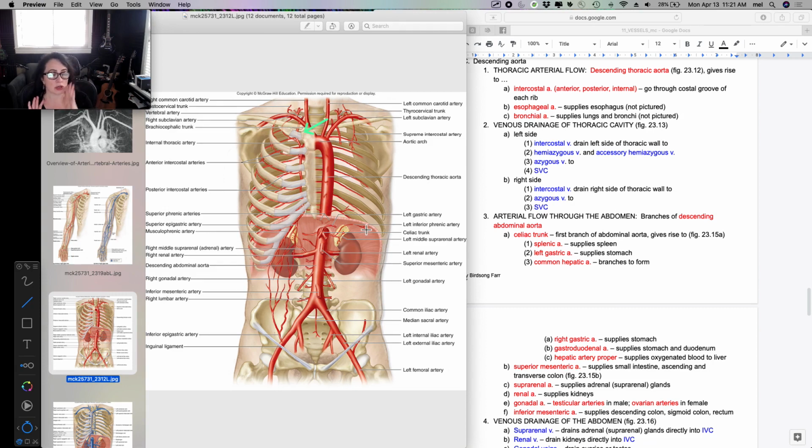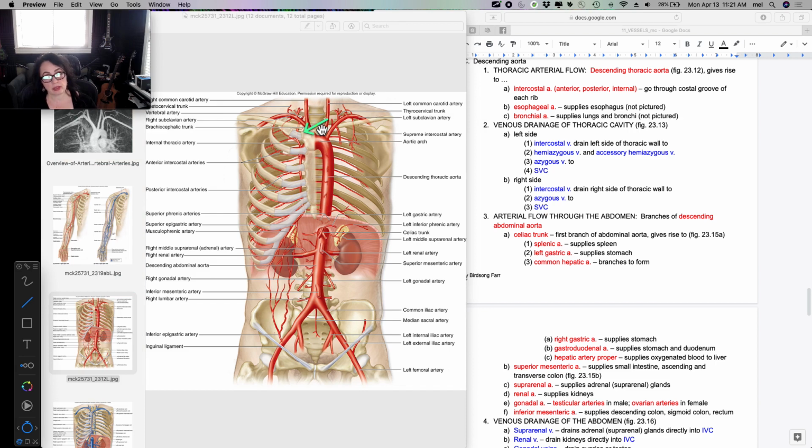And I don't make you learn a whole lot of the detail that goes on in the thorax just because it's kind of hard to see in figures. But basically now we're in the descending aorta, specifically in the descending thoracic aorta, which you're seeing right here. And so the blood supply going through the descending thoracic aorta is going to give rise to arterial blood supply to most of the rest of the stuff in the thorax.